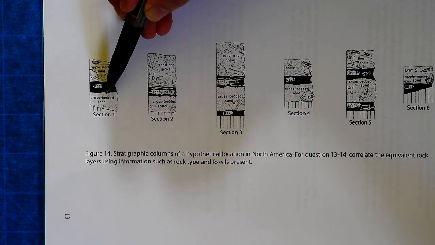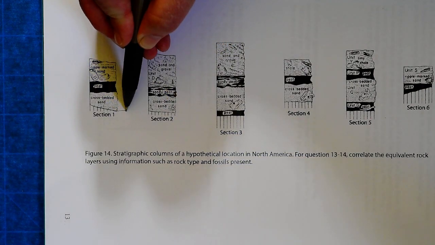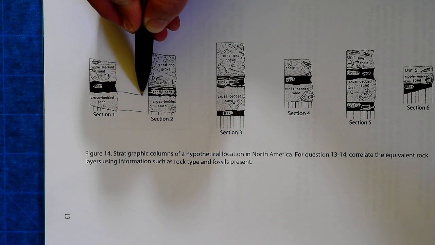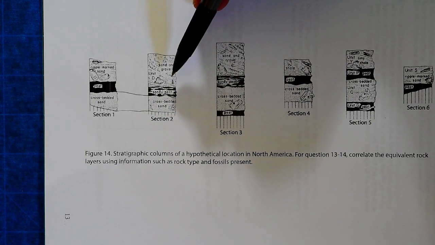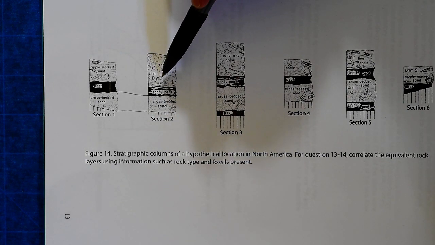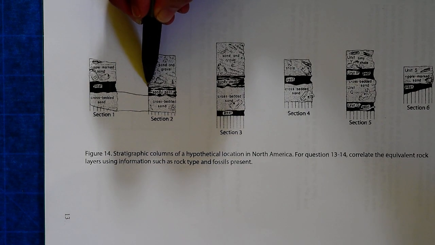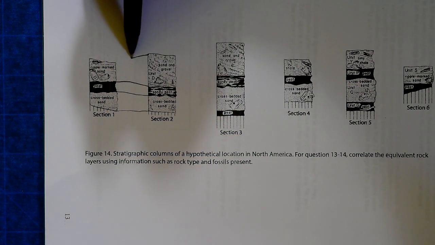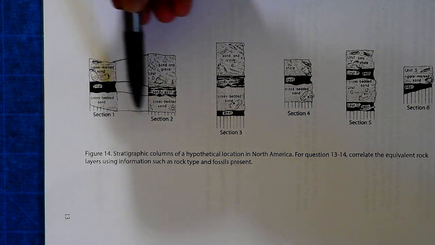Well, if we have cross-bedded sand here and cross-bedded sand here, we might say, all right, these 2 rocks should be equivalent to each other. We might then look here and say, all right, we have a fossil in here that's the same as a fossil in here, so these 2 rocks are equal to each other. And that's how we're correlating these together.